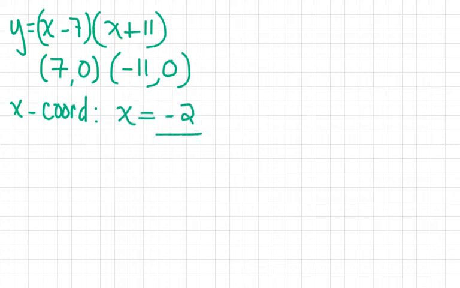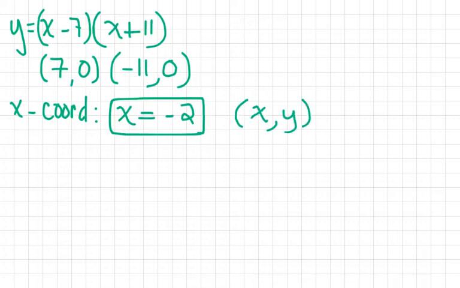If I know the value of x is equal to -2, and I know that my vertex has got x, y, and I know that this is -2, I can figure out what my y is by plugging the x back into my equation and solving for y. Let's go ahead and do that.